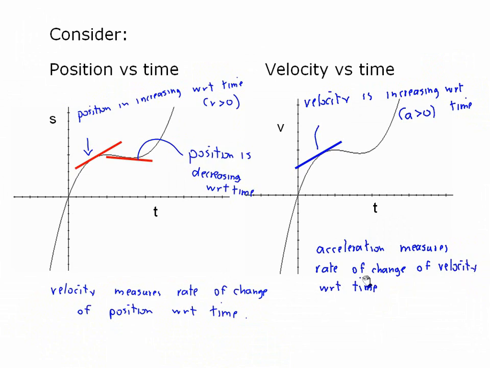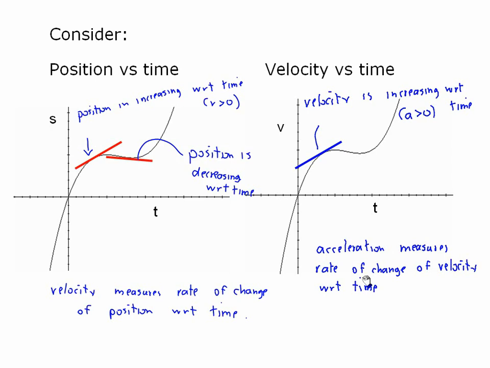So if your velocity is increasing, then we would say that you have a positive acceleration. So acceleration in the typical physics application would be meters per second per second. So it measures what your speed is changing at. 1 meter per second squared would mean that your velocity is increasing at a rate of 1 meter per second every second.